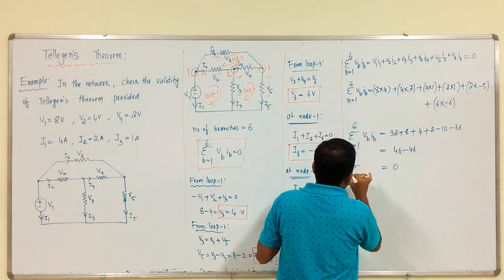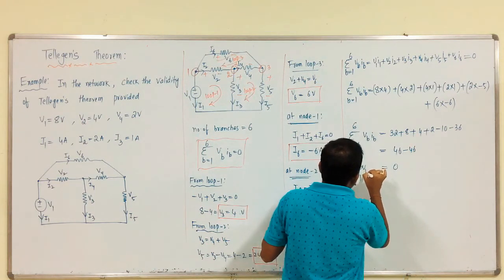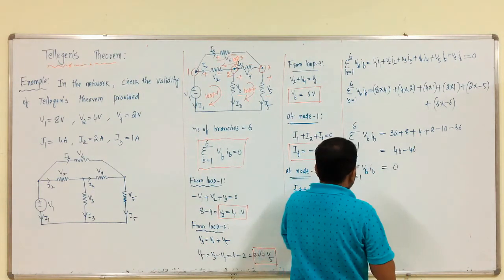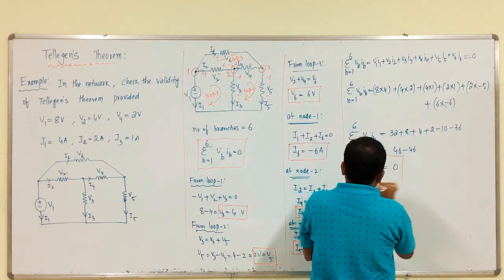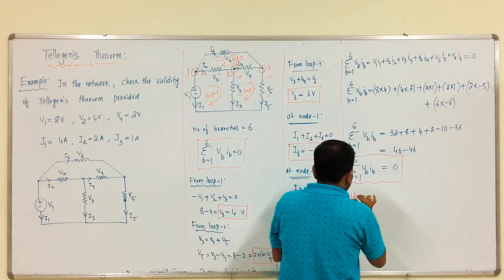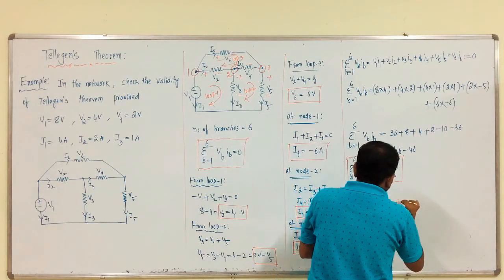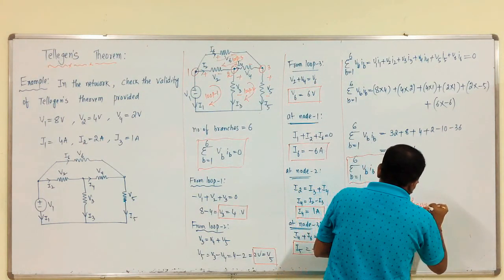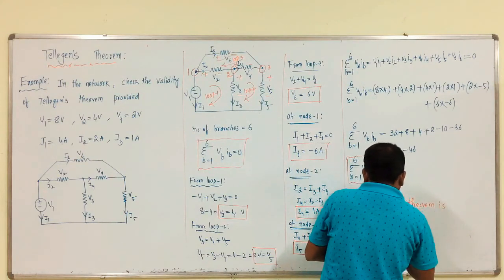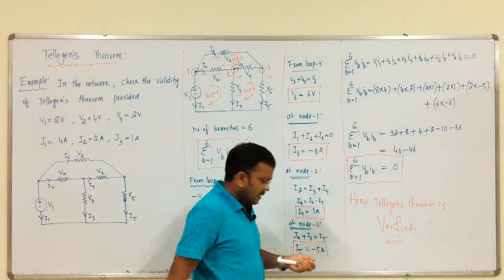The summation of V_b I_b is equal to 0. Hence, Tellegen's theorem is verified.